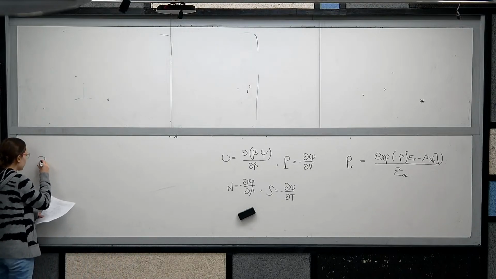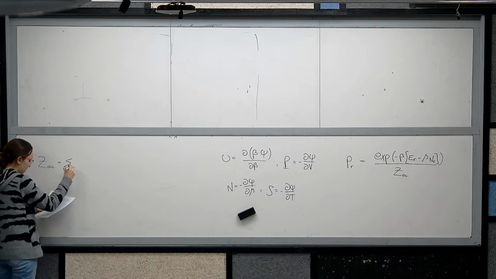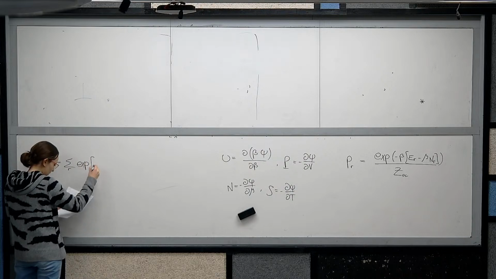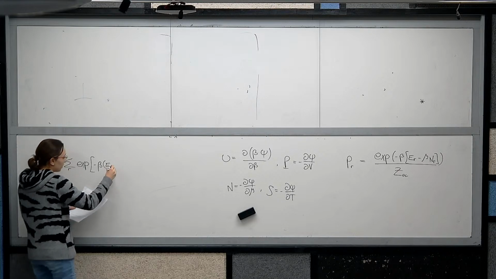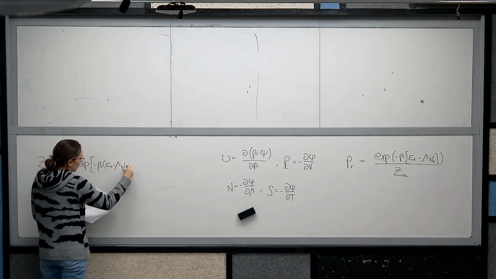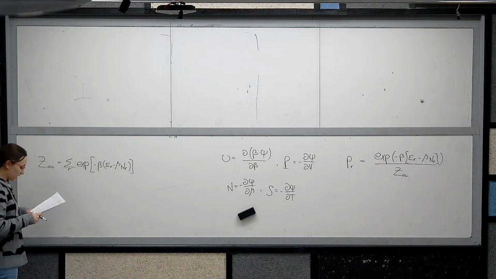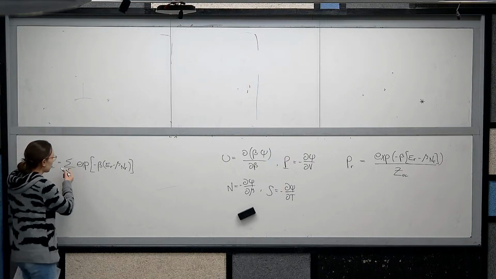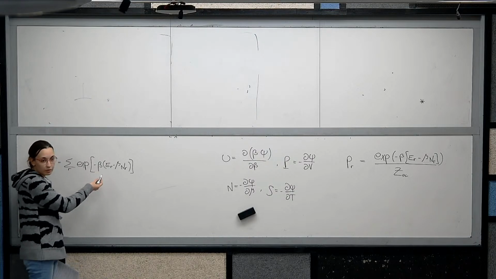Okay, so the grand canonical partition function is a summation over this exponent, so we have exp(-β(E_R - μN_R)). Now we can say we have several states with some energy.